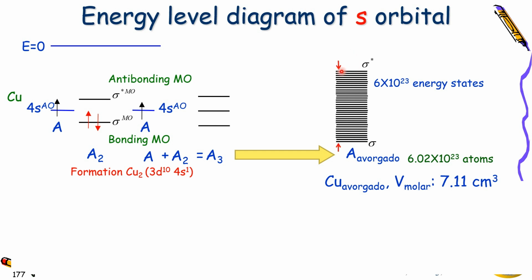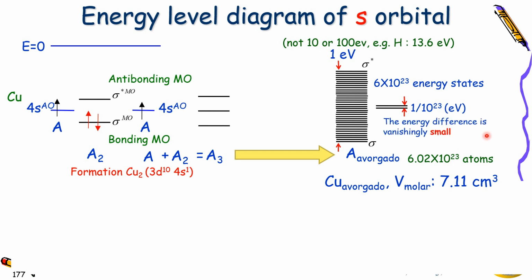For example, the range of this energy level is about 1 electron volt. With this very dense energy level state, each energy state is very, very close. So if you take the gap of 2 energy states, it will be 1 out of 10 to the 23 electron volt, which is very, very small.